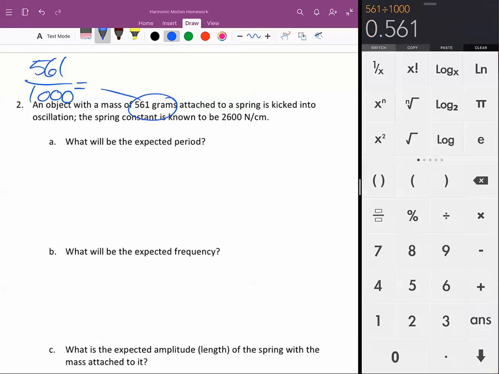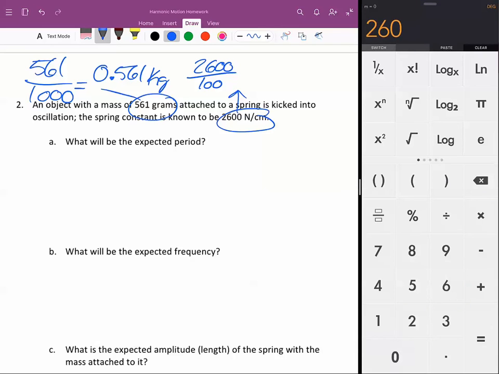The second number being the spring constant. This is based off of centimeters. We have 100 centimeters for every meter. So 2,600 divided by 100 gives you a new spring constant of 26 Newtons for each meter.